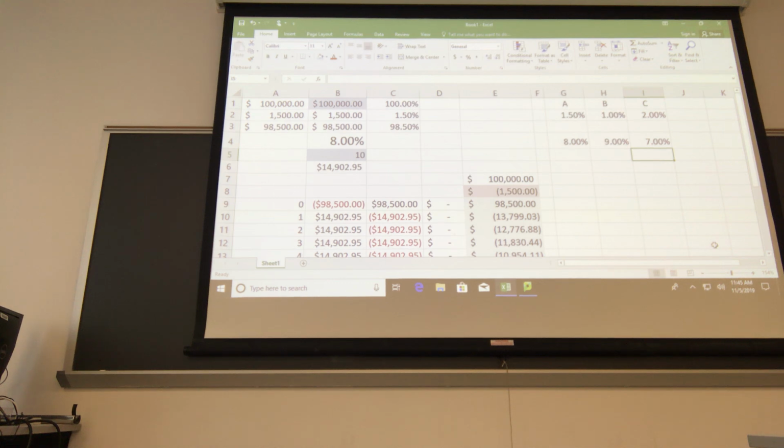Can you use the internal rate of return to evaluate these three alternatives? Good. I haven't seen any textbook say that, but this is actually what happens. And I want to see how you will use the internal rate of return to compare all these cases. Same money for the same period.